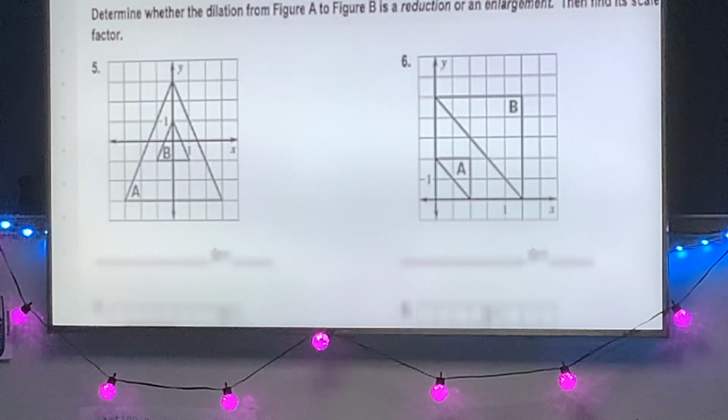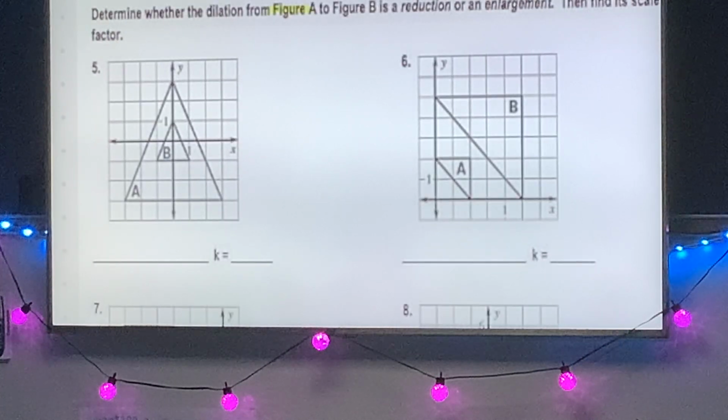Okay. Figure A is going to be our original. Go ahead and find the scale factor for number 5.